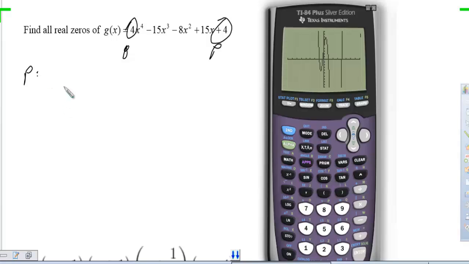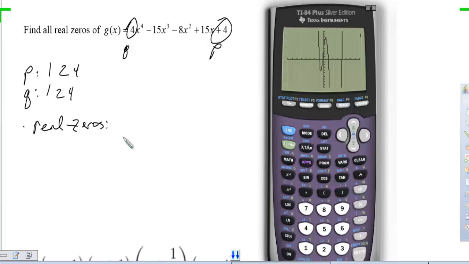So I'll list my values of P, factors of 4: 1, 2, and 4. I'll list my factors of Q: 1, 2, and 4. And then I'll list all the possible real zeros. No, real would be the appropriate term.